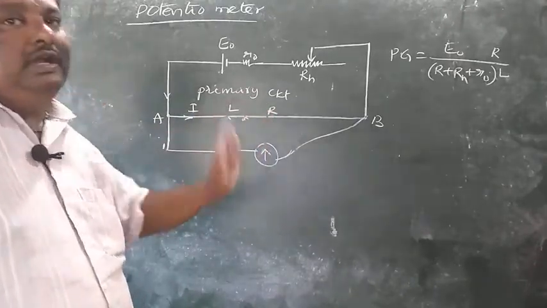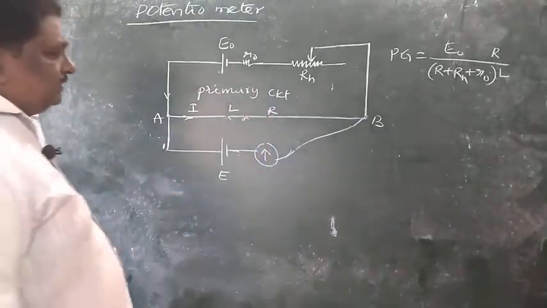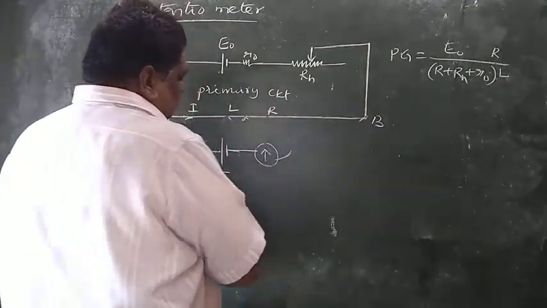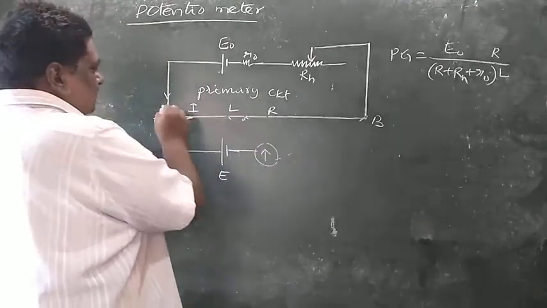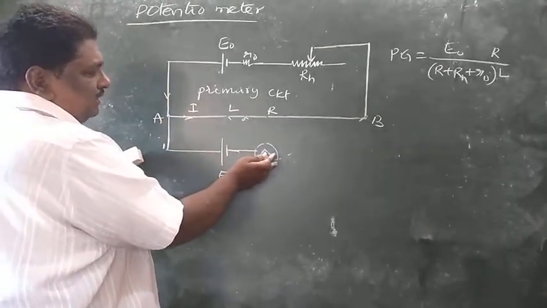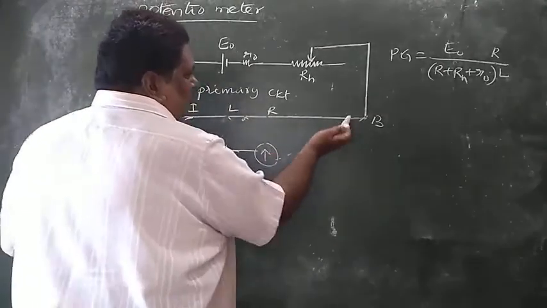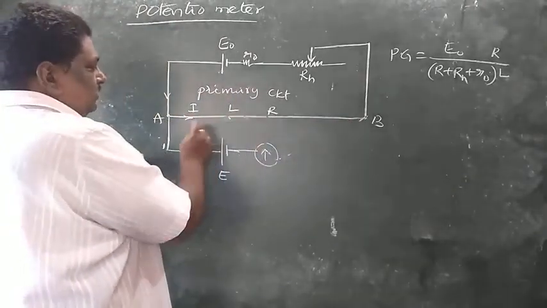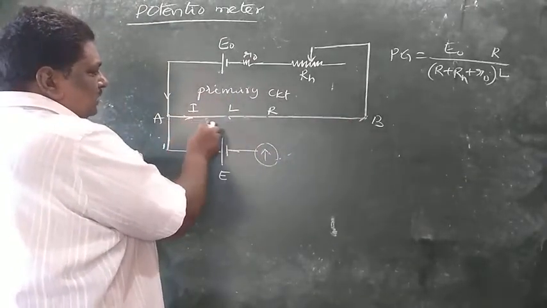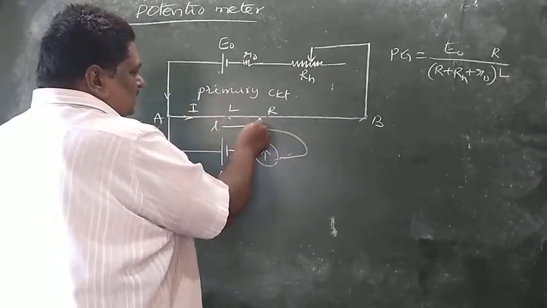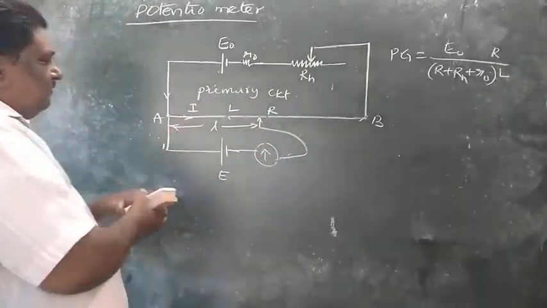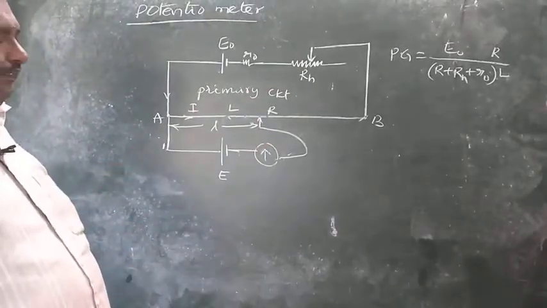So the meter shows deflection in the other direction. When the jockey is at one point the deflection is in one direction, and at another point it is in the other direction. You press the jockey along the wire at a point somewhere called the balance length. Always the balance length is taken from point A only.